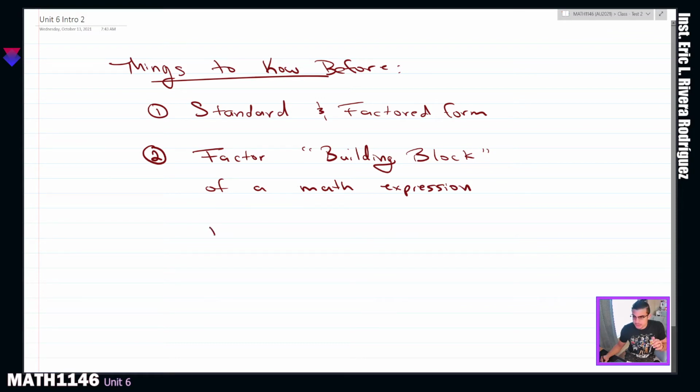For example, the number that we saw in the last class, 21. The building blocks of 21 are 3 and 7. We multiply them together and we get 21.